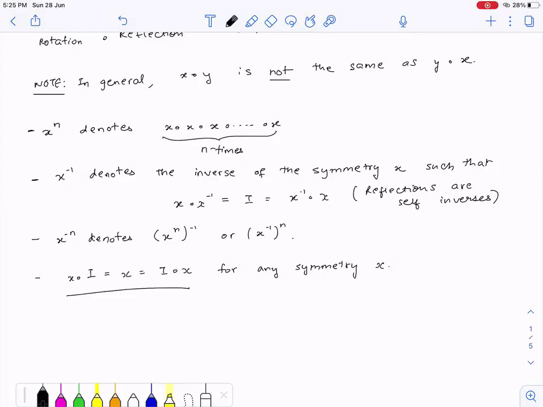Finally, for any symmetry, if you compose it with the trivial symmetry, you get the same thing. It doesn't matter if you apply the trivial one before or after.